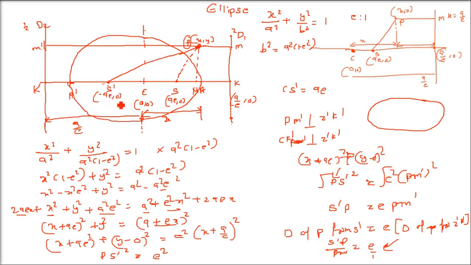So s dash is minus ae comma 0, the second focus. First focus is ae comma 0. So these are two foci. One directrix is d1, one is d2. So x equals minus a by e is the second directrix. So we proved that there are two foci, two directrices.